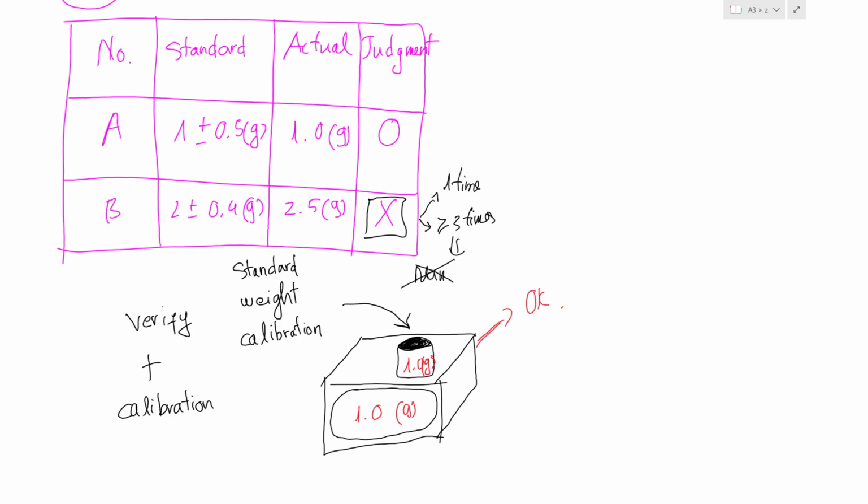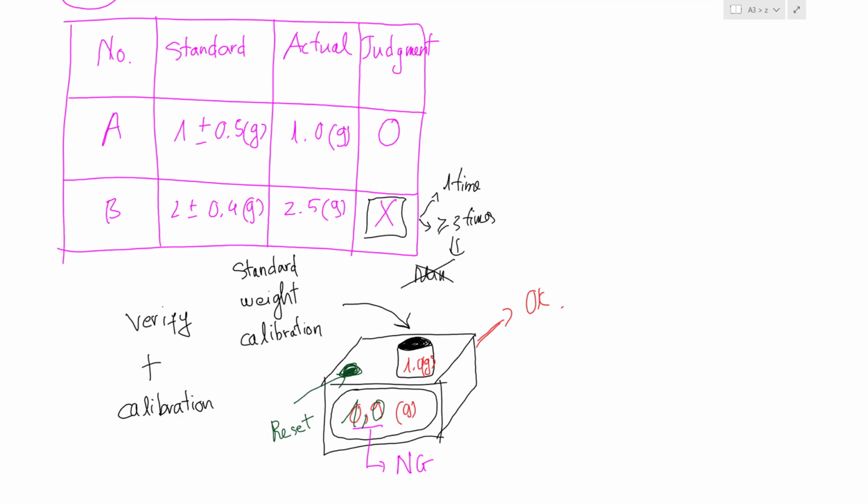But if your machine shows a different number, for example only 0.9, it means your machine has become NG. Right after, you push the button here to reset your machine and it becomes OK, 1.0 gram.